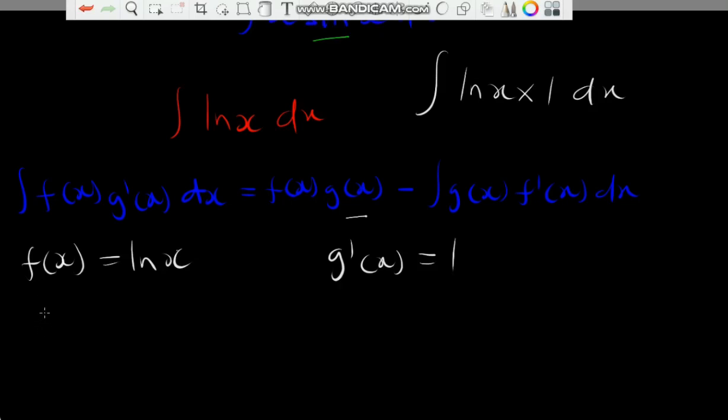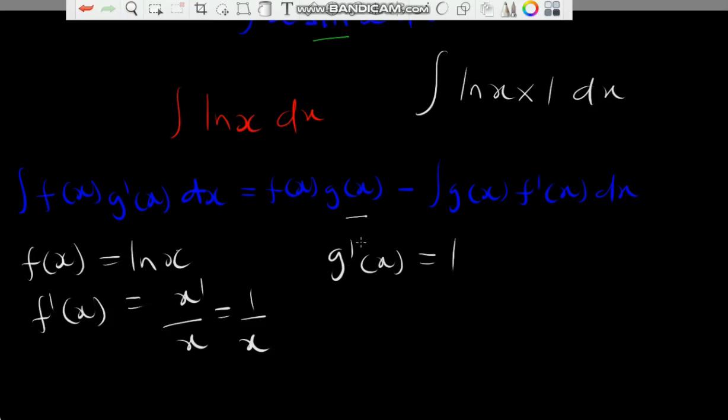So for f prime of x, that'll be the first derivative of ln of x. So that'll give me x prime over x, and you know x prime is 1, so that'll give me 1 over x. Okay, so now let's find the function g of x.